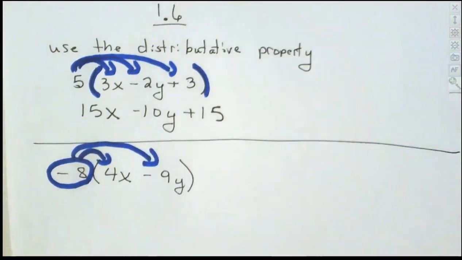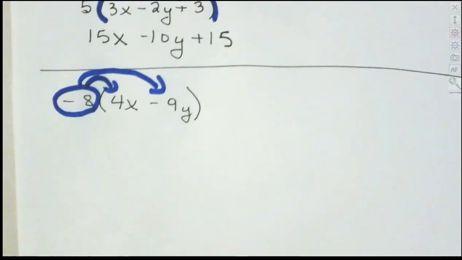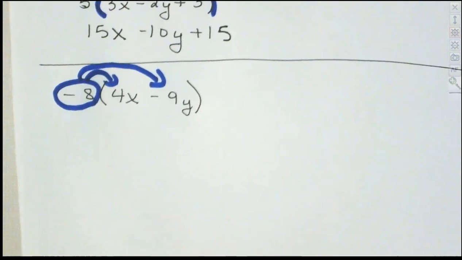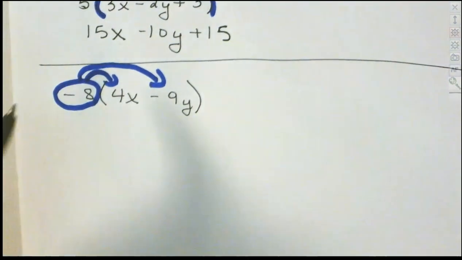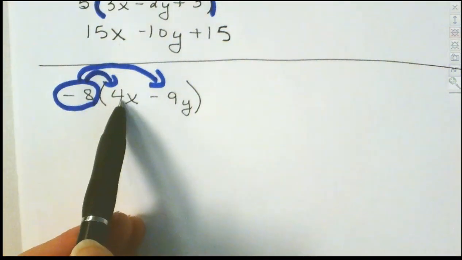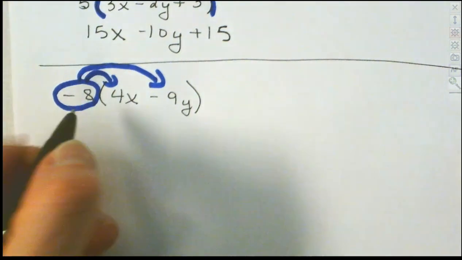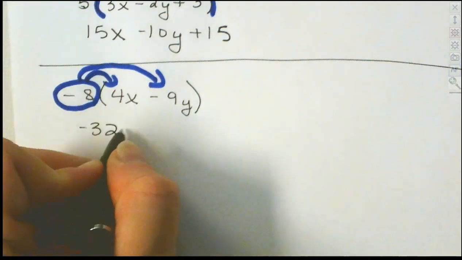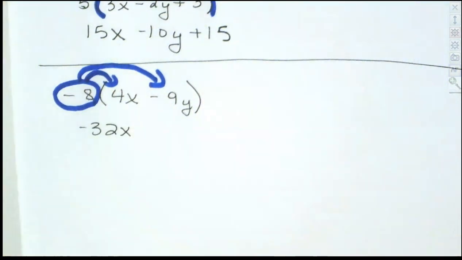So we're going to distribute through a negative 8. So negative 8 gets multiplied by that positive 4. We do each one individually. So negative 8 times positive 4. Negative times positive makes it a negative 32x there. So there's that piece.